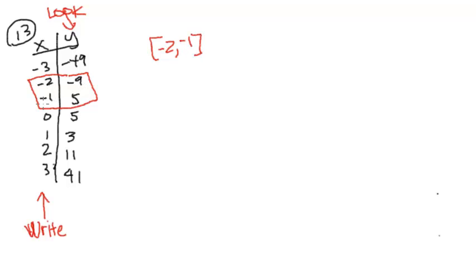I'm going to have a 0 between -1 and -2 because the graph goes from a positive to a negative on this side. All right, so the graph is going to look something like this. It's going to go through here, and it's going to keep on going like that. So between -2 and -1, I'm guaranteed to have a 0 because the graph went from a -9 to a +5.